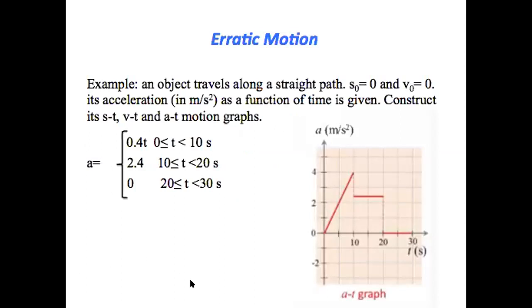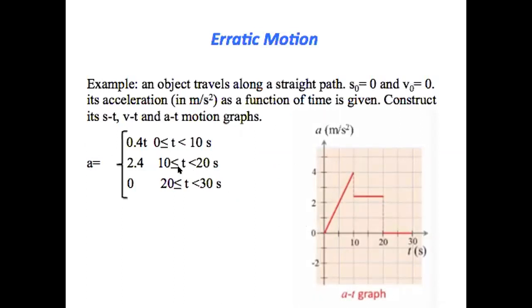An object travels along a straight path. s0 and v0 are 0. Its acceleration in meters per second squared as a function of time is given. Construct its s-t, v-t, and a-t motion graphs. From time 0 to 10 seconds, a is a linear function.